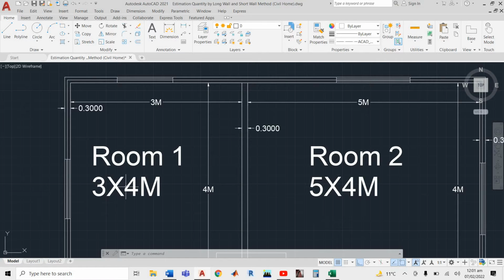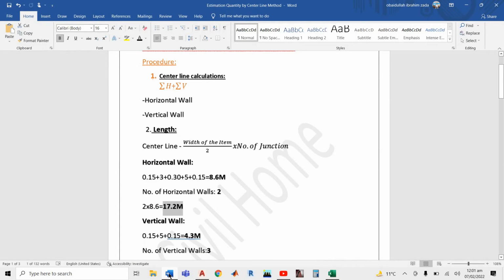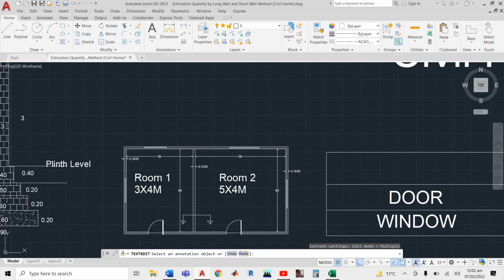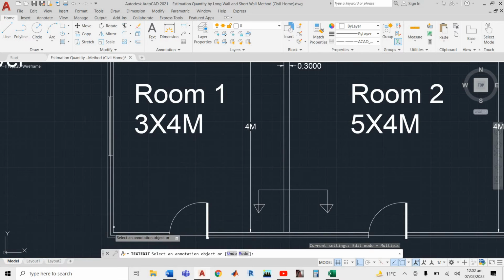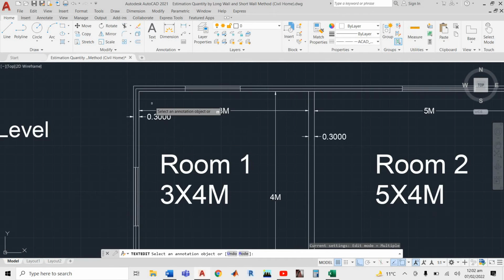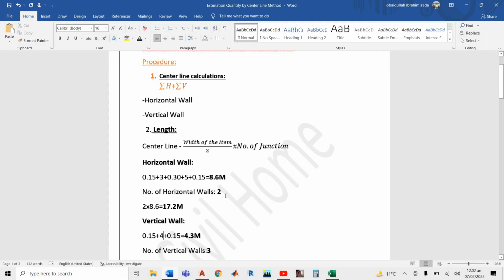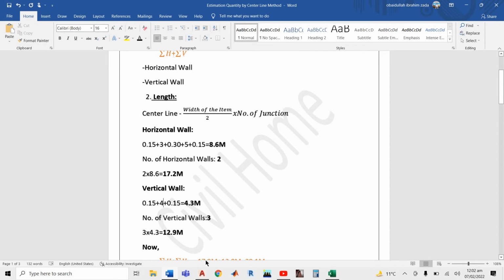So 0.15 plus 4 plus 0.15. If you see here, 0.15 plus 4 plus 0.15, how much does it come? It comes to 4.3 meters.